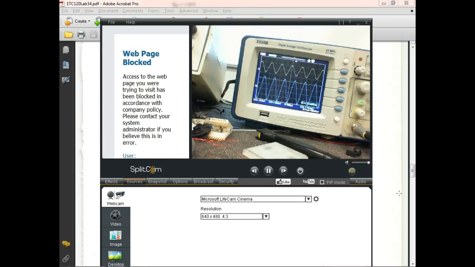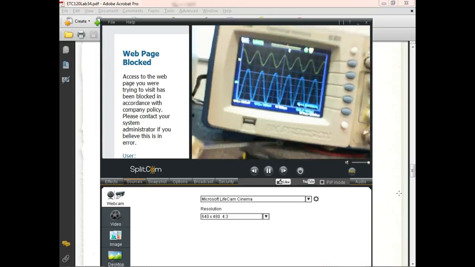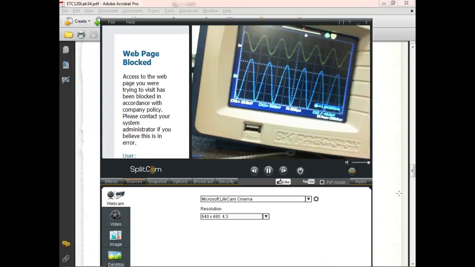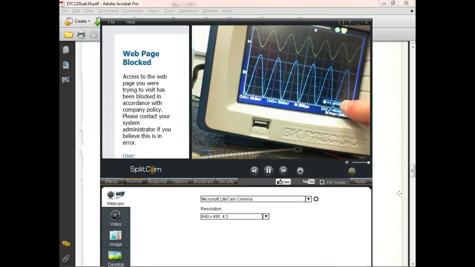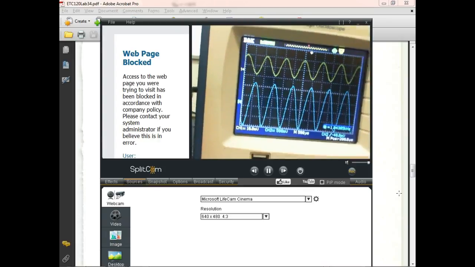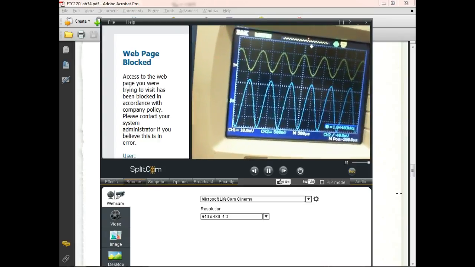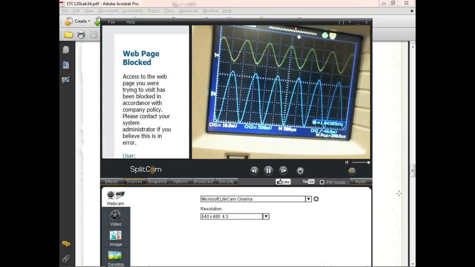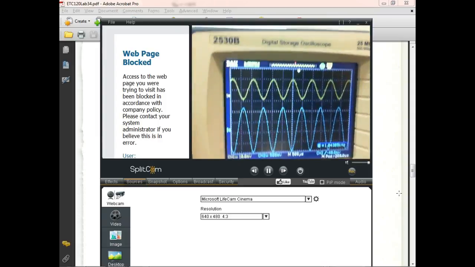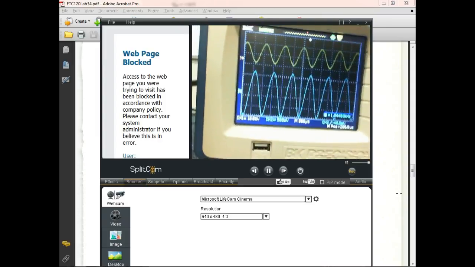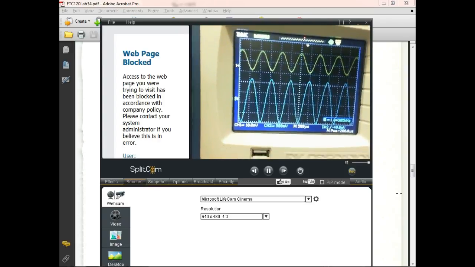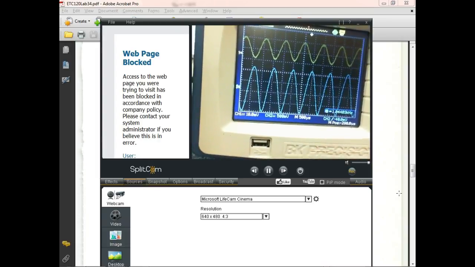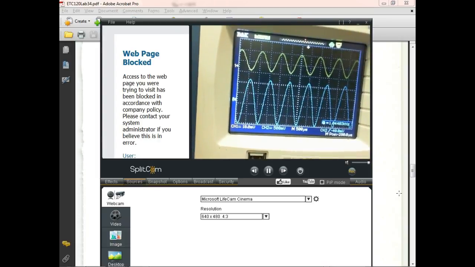Okay, so I've got it on 20 millivolts per division in. I've got it on 500 millivolts per division out. The top is my in, the bottom one is my out. So what's my gain? Now see that?